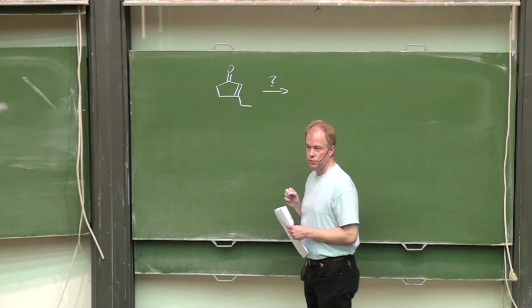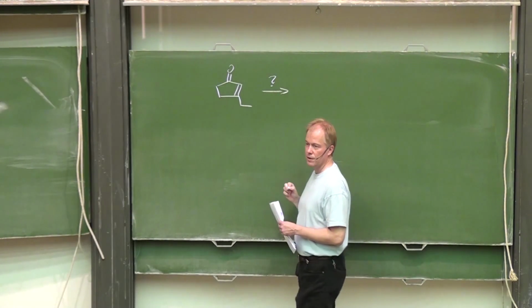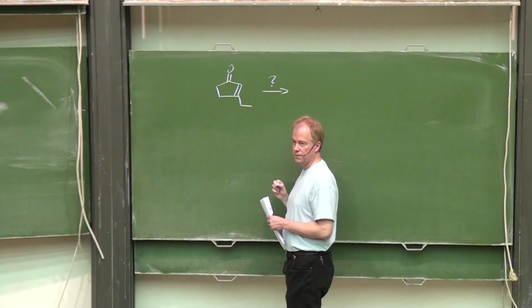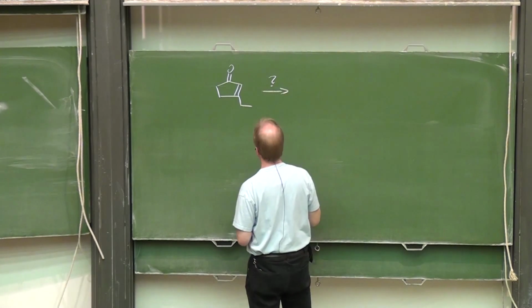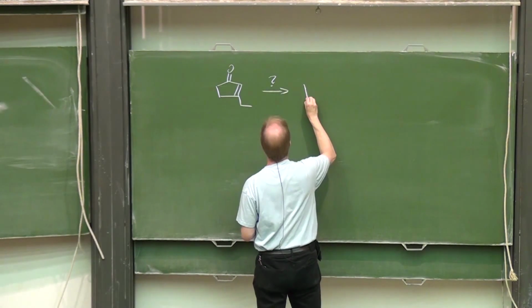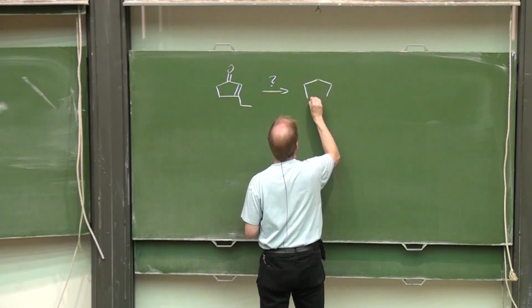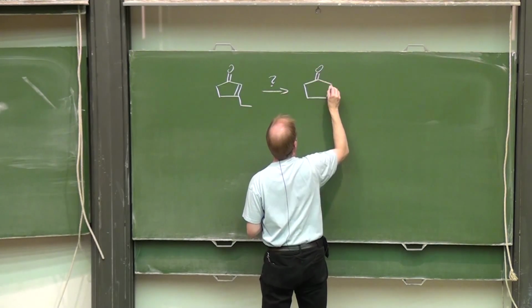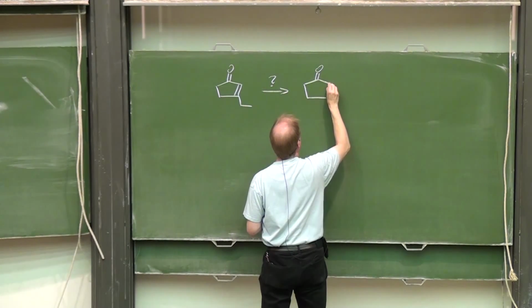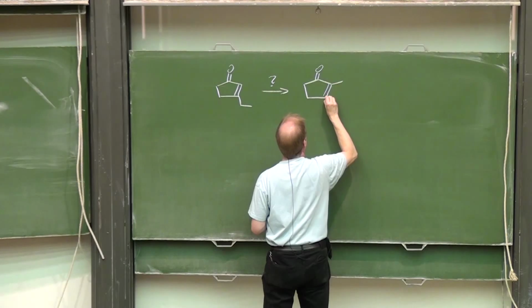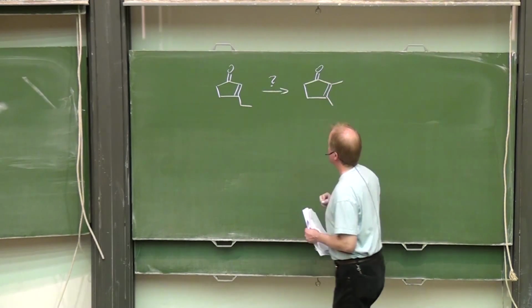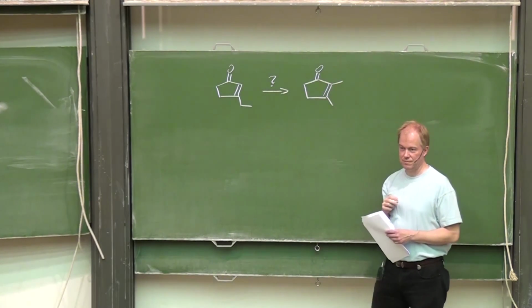How can you transform this 3-ethyl cyclopentanone to this isomer?